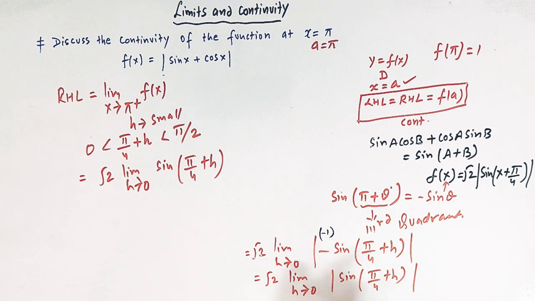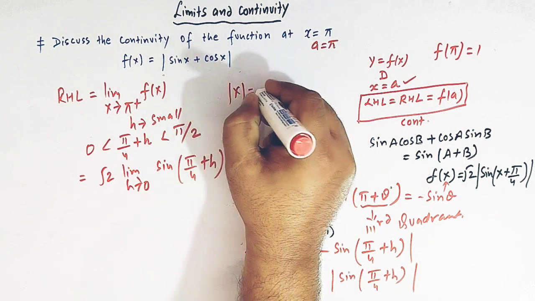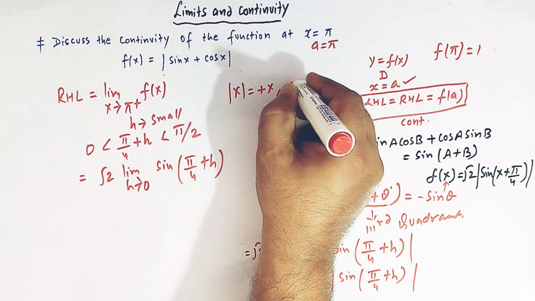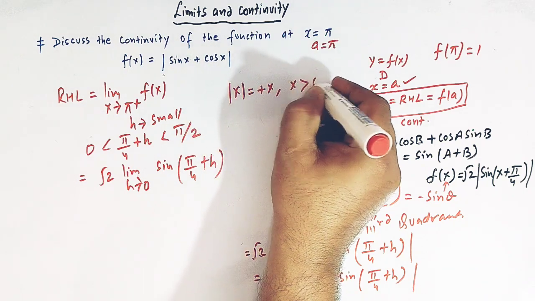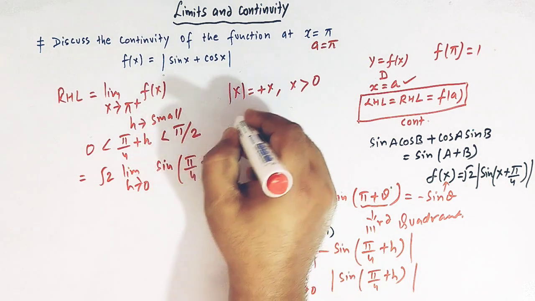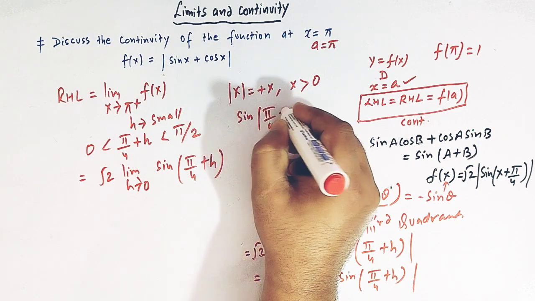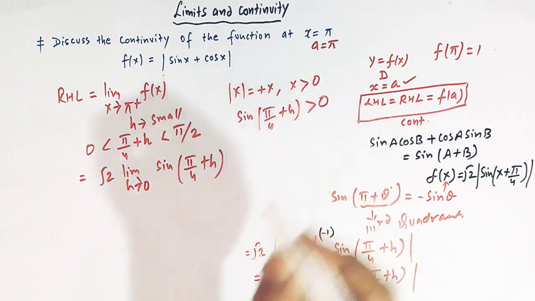So we can now remove the mod sign here, because we have used the definition of mod function, that is mod of x is positive x whenever x is greater than 0, right? So sine of pi by 4 plus h is greater than 0.